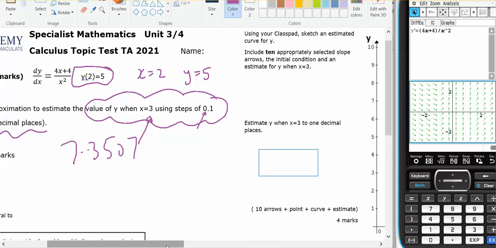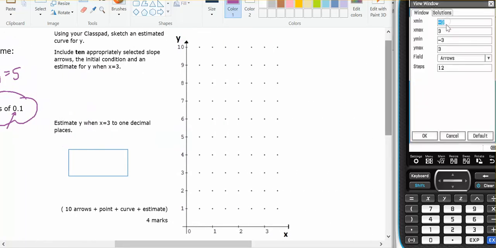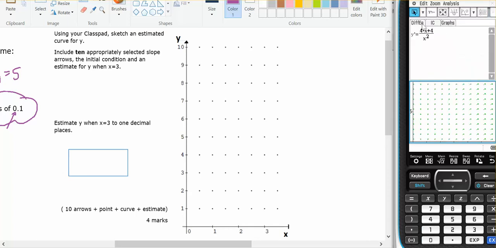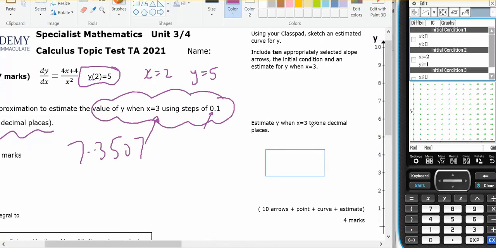Since I'm looking in the first quadrant, I'm going to change my window to negative 0.1, because I don't want to lose the axis, but I'm going to go across to 3 and up to 10. And my initial condition is x equals 2 and y equals 5.